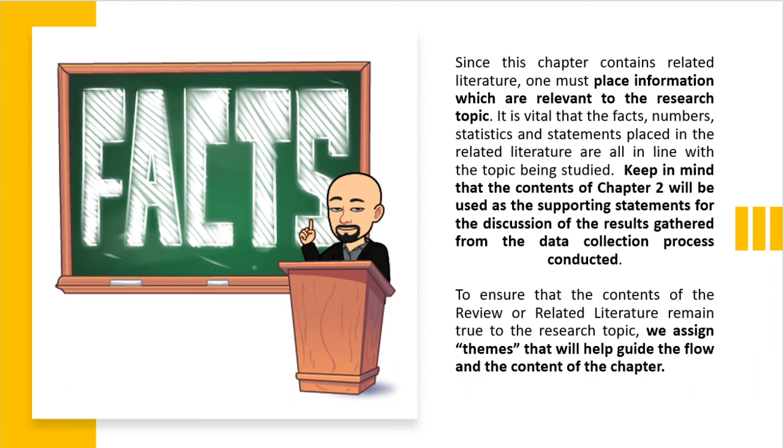This is actually heavier because chapter 2 will be used as your support system for the discussion of the results which you will be gathering in the later chapters in your research. If you don't have a review of related literature that is built on solid foundations, if you have a mediocre RRL, then the discussion of the results will be lackluster.